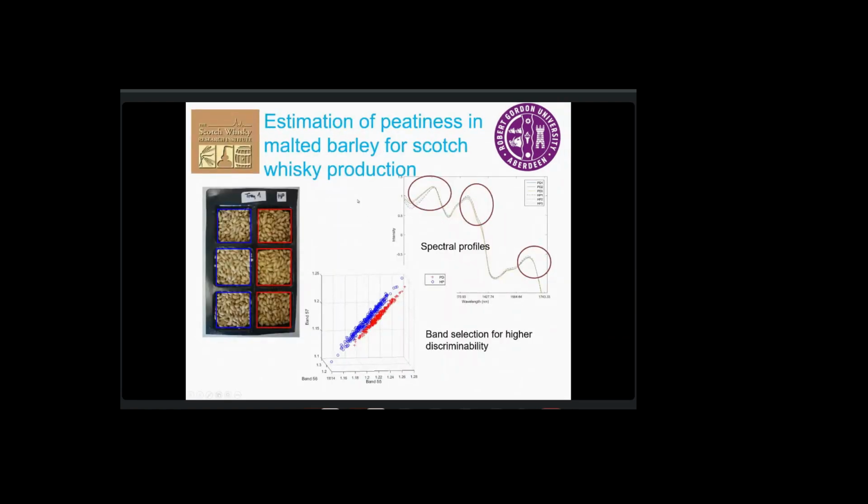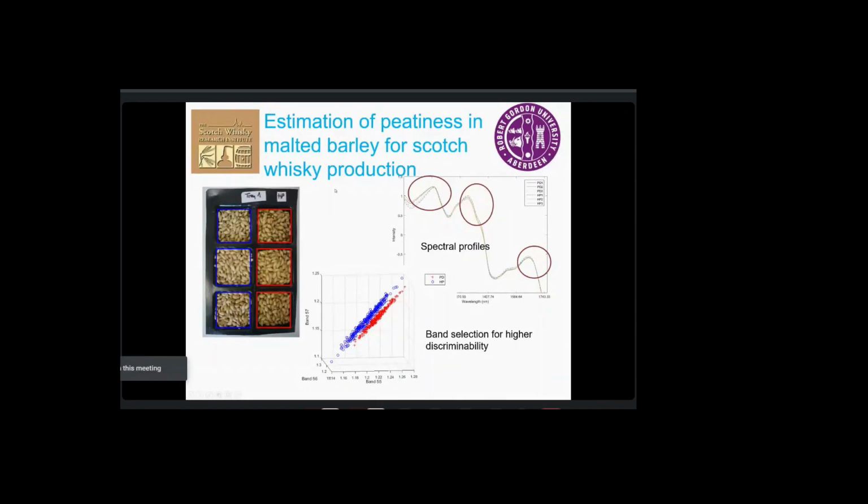So another interesting application we did was with the Scotch Whisky Research Institute. The whiskey in Scotland is a very, very important product, and actually generates a huge value there. Then there's the revenue there, and you can see here the whiskey was produced mainly from malted barley.